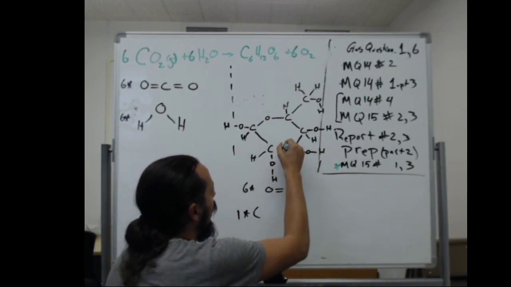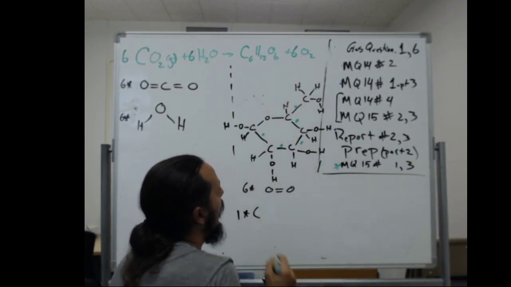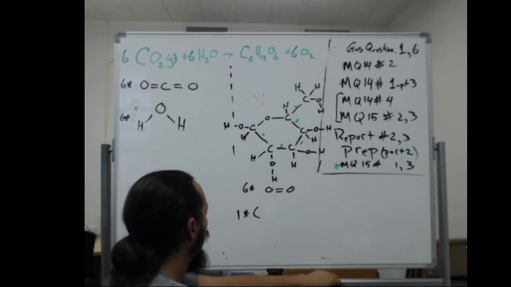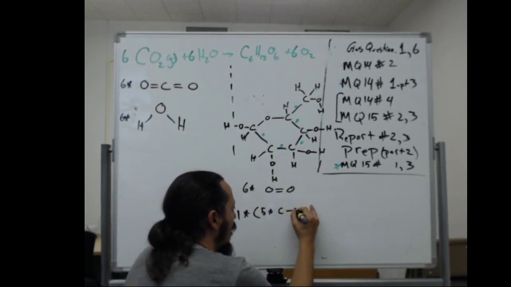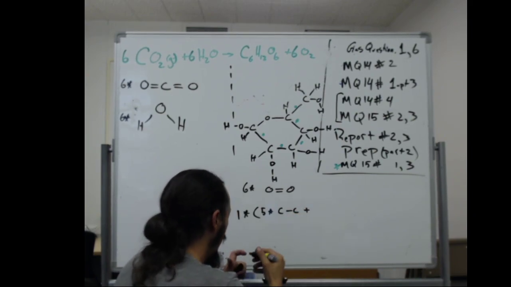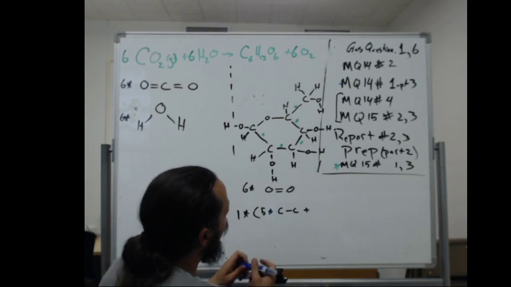So that's 1, 2, 3, 4, 5 carbon-carbon single bonds. So I'm going to have 5 times a carbon-carbon single bond. Then I'm going to go through and find all of my carbon-oxygen single bonds.